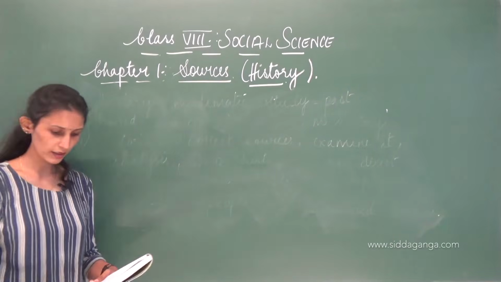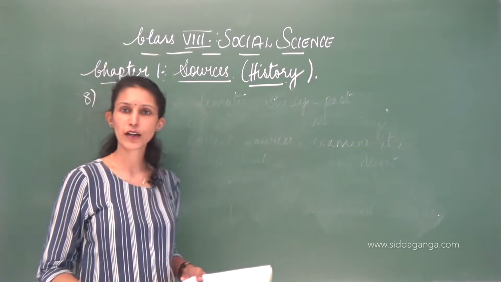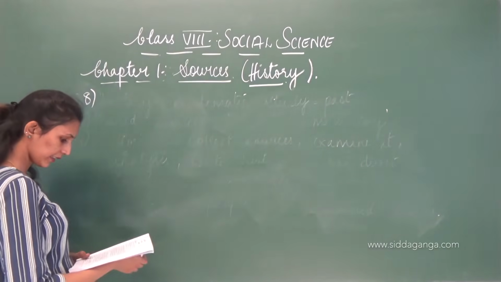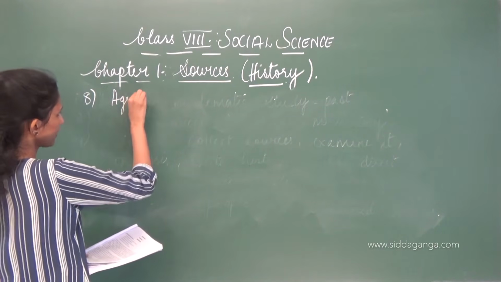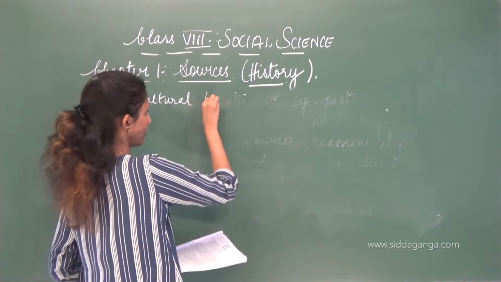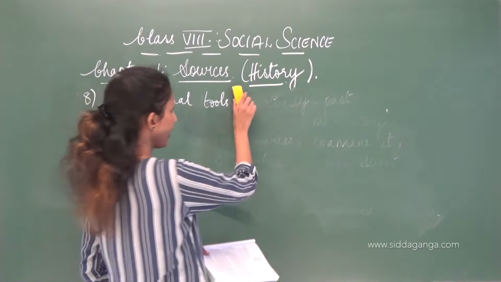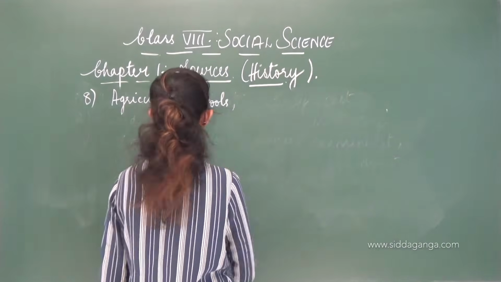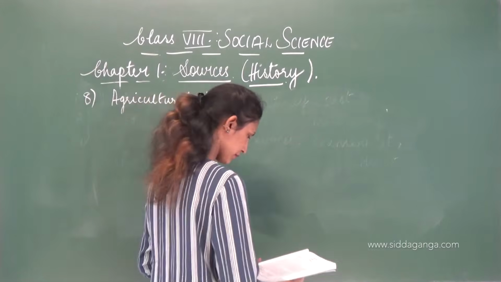Let's see what may have been left by people in the past, what they have left for us, and what may be called sources, things that historians consider to be sources. One such is agricultural tools. Farming and the agriculture sector was very prominent, and that is why the agricultural tools they may have used at that point of time can be considered one of the sources available.